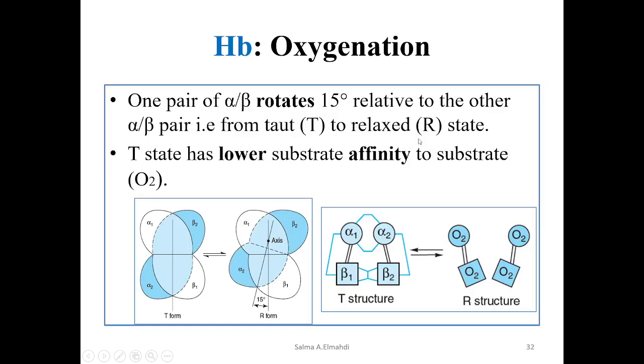One pair of alpha-beta is present as two pairs. One pair of alpha-beta will rotate 15 degrees relative to the other alpha-beta pair. So we call it a movement from the tense T form to a relaxed R form, or R state.